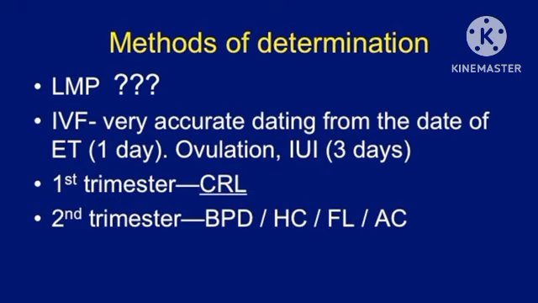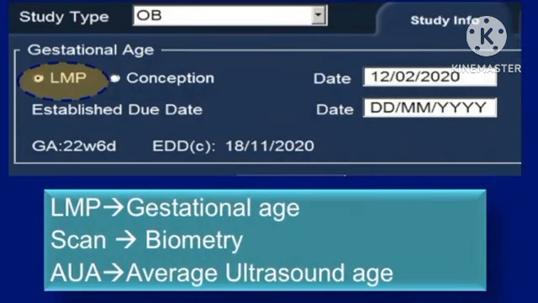So typically when the patient comes to you for the ultrasound, in the patient data entry system, in that page, LMP is the first thing which we feed in, and then we get a gestational age. We do a scan, you do the biometry, and then you get the average ultrasound age.